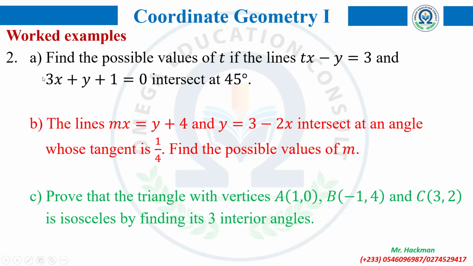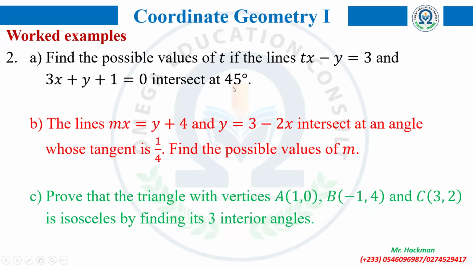You've helped me. Okay, so this is: find the possible values of t if the lines this and this intersect at 45 degrees. Okay, so it means here your theta is given, is that not it? You know the angle between them, so you quote the formula tan theta is equal to whatever.